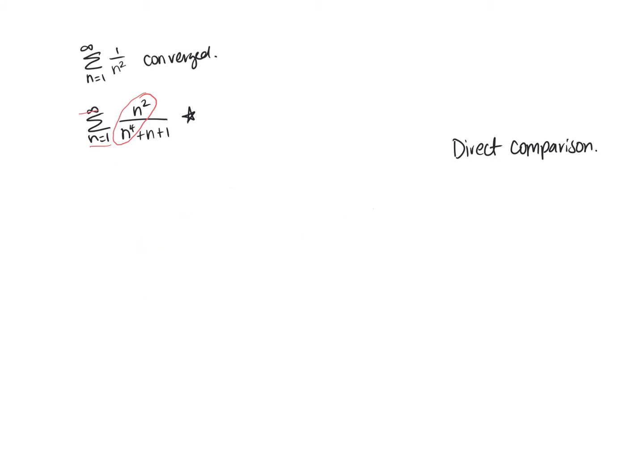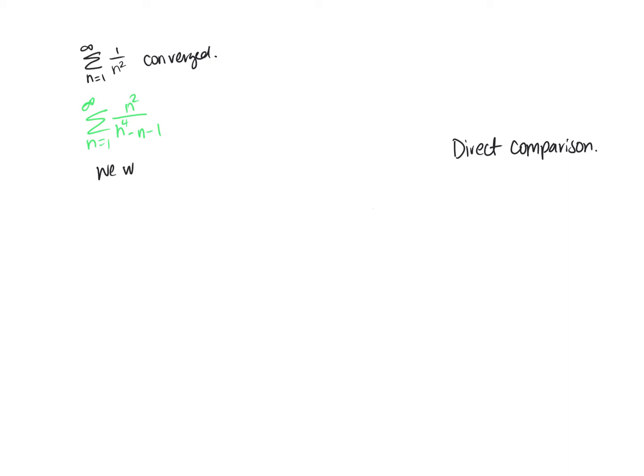So let's look at, I'm going to change this up here. The sum from n equals 1 to infinity of n squared over n to the fourth minus n minus 1. Well, what happens then?